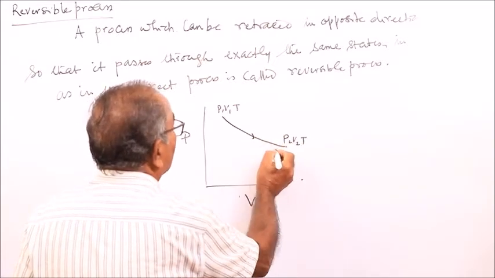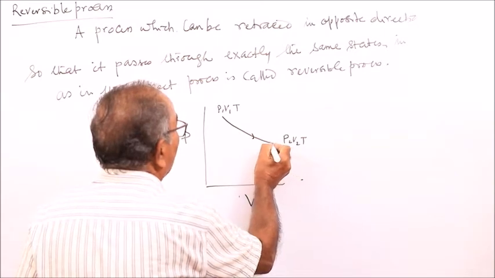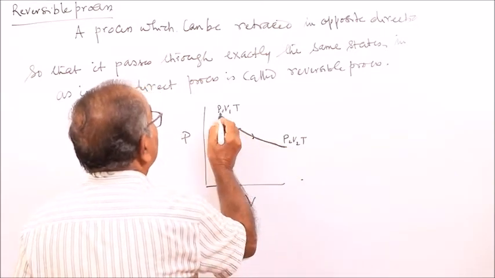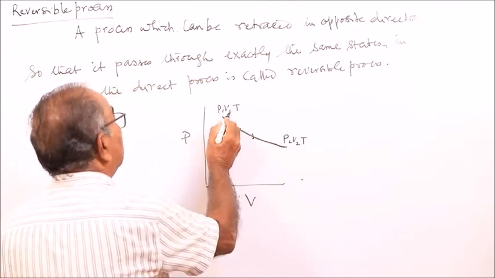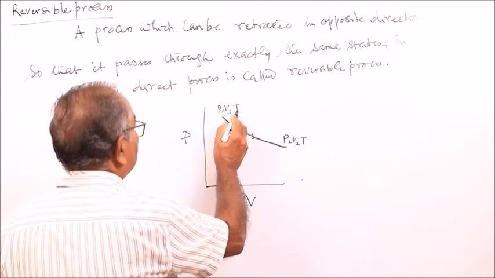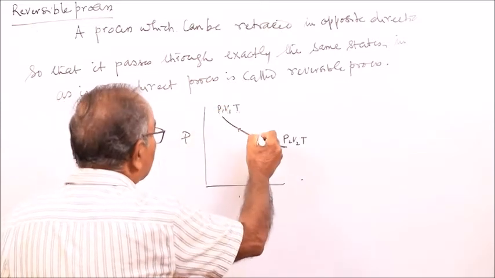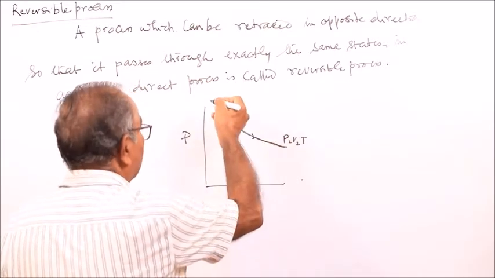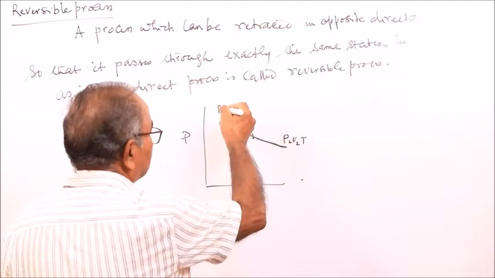Initially the pressure was P1, volume was V1, temperature is T. You decrease the pressure, the volume will increase, and the temperature remains constant.